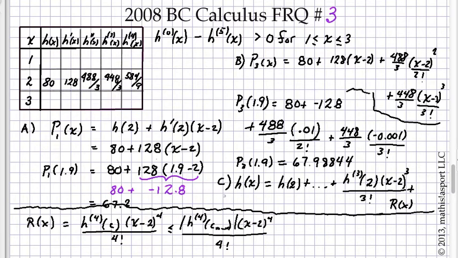So the question really is, where is this C max? Where is the fourth derivative in that interval between 1.9 and 2? Where is it largest? Well, we're told that all of these derivatives are increasing as we go from 1 to 3. So we know that the largest value is right at 2.